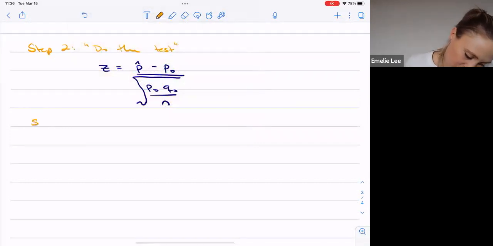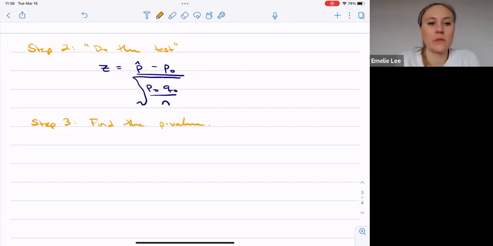So step 3 is to find the p-value. Now you're going to find the p-value depending on what your alternative hypothesis is, right?